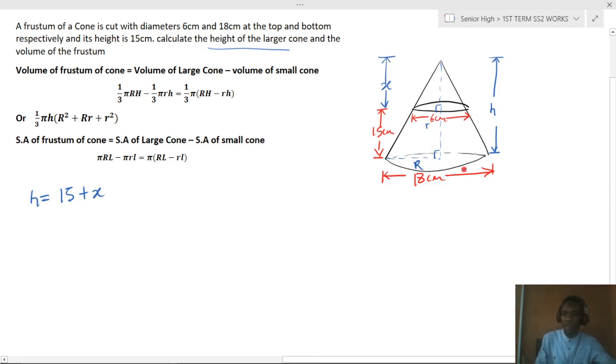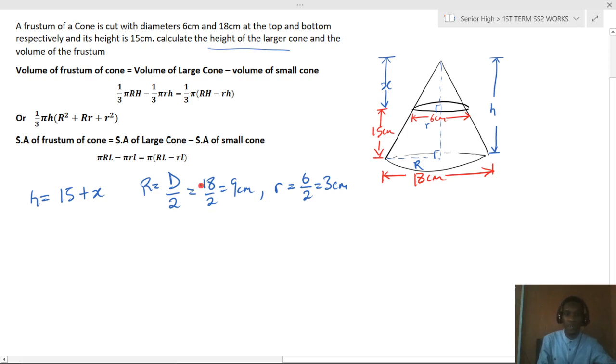So we have to get the radius from our diameter. If our diameter is 18 for the big one, the radius will be half of it, 18 over 2, which is equal to 9 centimeters. And our small radius will be 6 divided by 2, which is 3 centimeters.